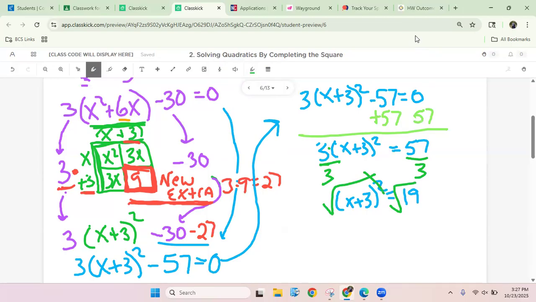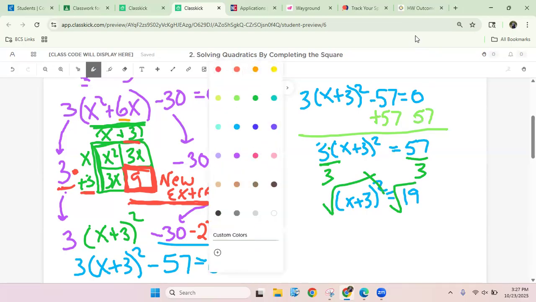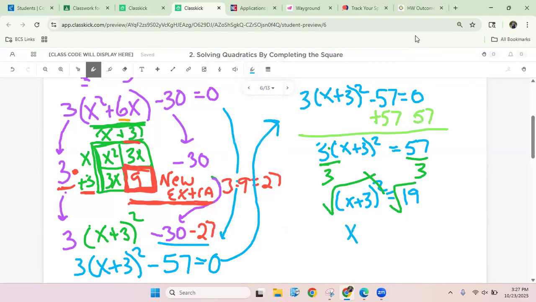We could also use the 1/2 power, just as a reminder. We can put x plus 3 equals the square root of 19, plus or minus the square root of 19. And 19 is not going to break down. It's a prime number, so I'm going to leave it as the square root of 19. We can also change it to a decimal later on if we want to.